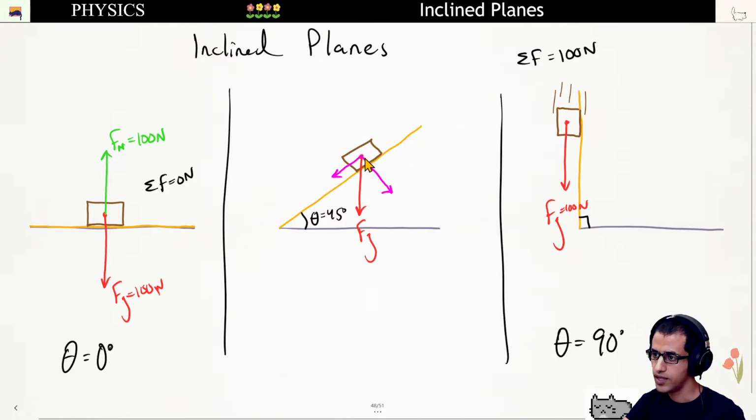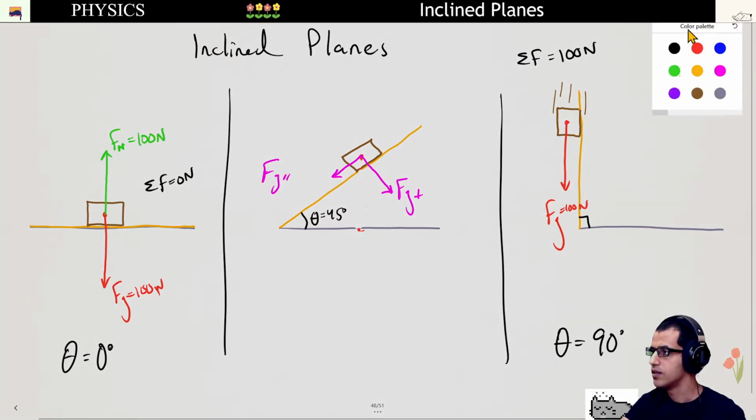We call the part that pushes the block into the surface the perpendicular component of gravity because it is perpendicular to the surface. And we're going to call this force of gravity that is parallel to the incline the parallel force of gravity. So we can now remove this force.